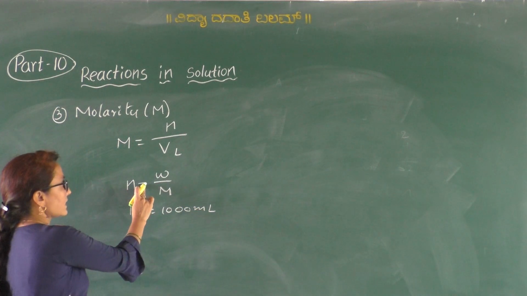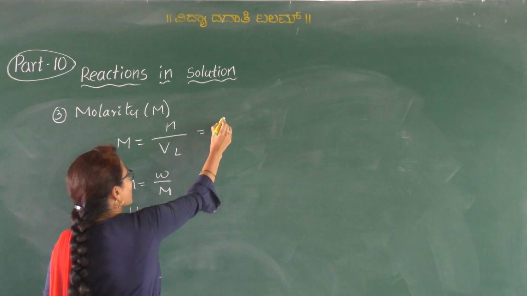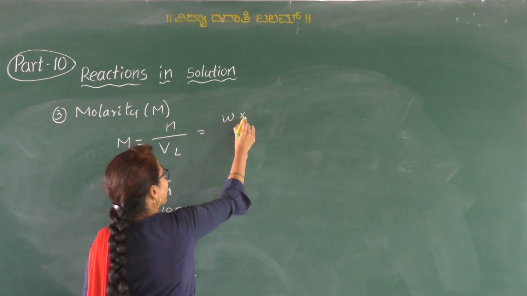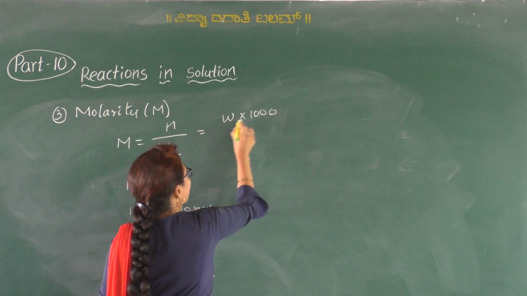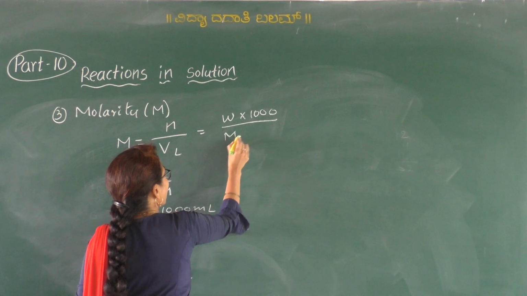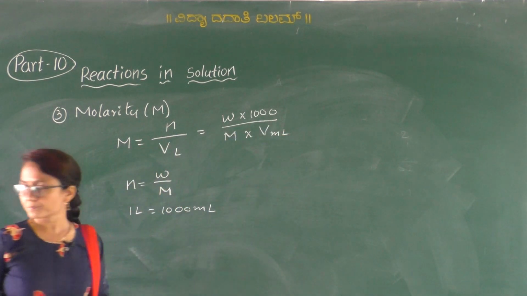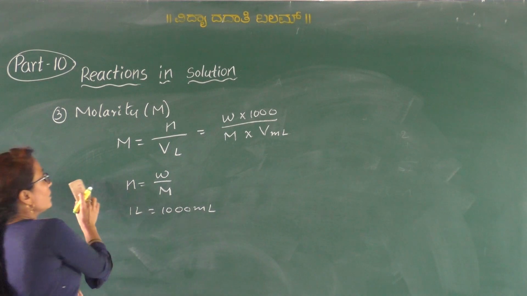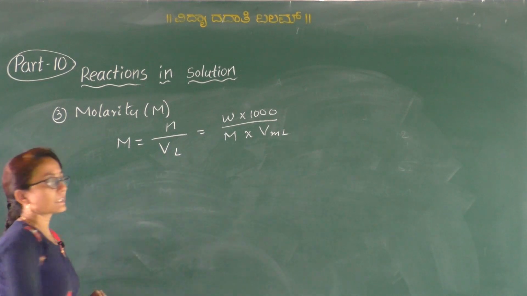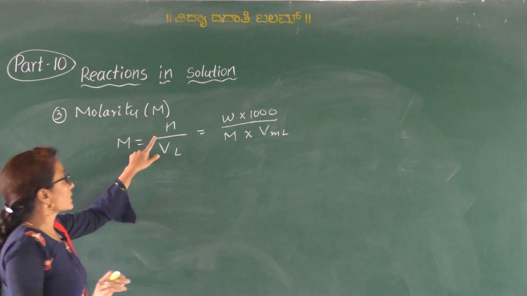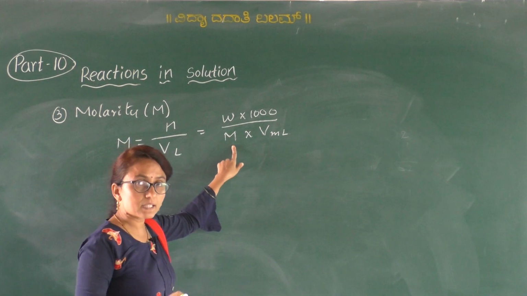So by using this, we have the formula: mass of solute into 1000 divided by molar mass into volume of solution in milliliter. Therefore molarity of the solution is calculated either by using this equation or by using this equation.